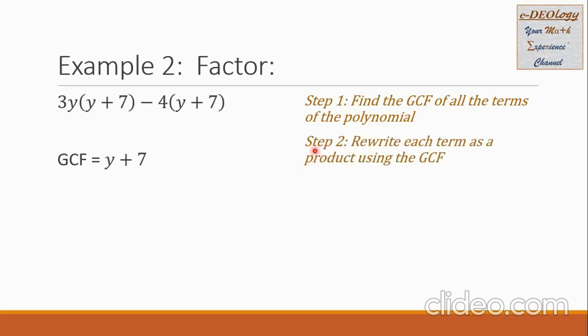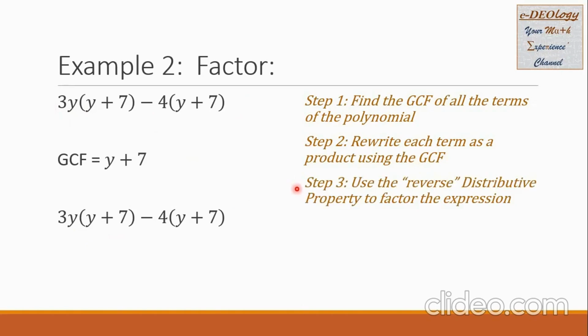Step 2, rewrite each term as a product using the GCF. In this problem, it is already in the form of a product in such a way that one of the factor is the GCF. So we just copy that same problem.